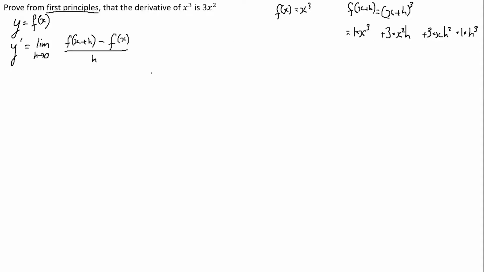Now, I'm going to substitute that straight into the formula over here. So I've got f of x plus h, which is this, and I've just simplified it. Oops, I have forgotten. You need to make sure that every single time you're writing the limit as h approaches 0, because it's a proof. We haven't actually used this yet, because we cannot make h approach 0 while it is still a divisor.